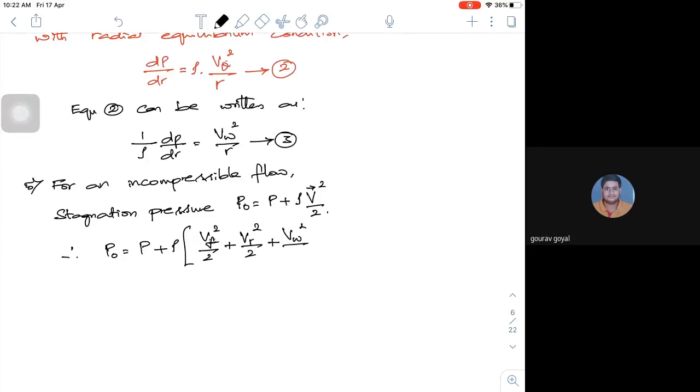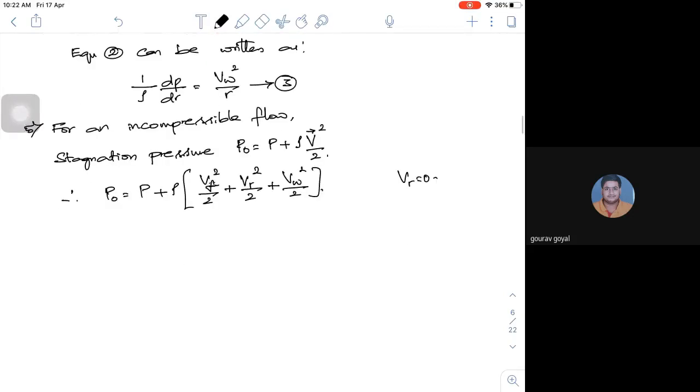Already we have seen that Vr is equal to 0 because the variation of velocity in my r direction is 0. The same equation I can write as P naught is equal to P plus rho into Vf square by 2 plus Vw square by 2. I am calling this equation number 4.